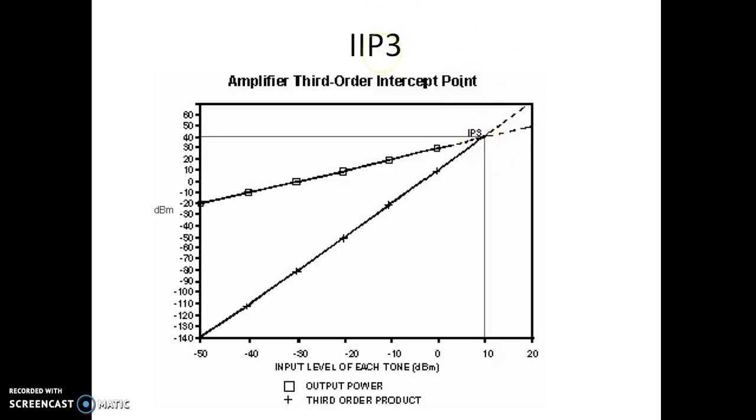That's why the third harmonic intercept is a very important parameter in RF circuits. It gives an indication of how far we can increase the input power so that the influence of the third harmonic will not be too much. If the input power is more than the IIP3, then the third harmonic will dominate the output power rather than the fundamental power.